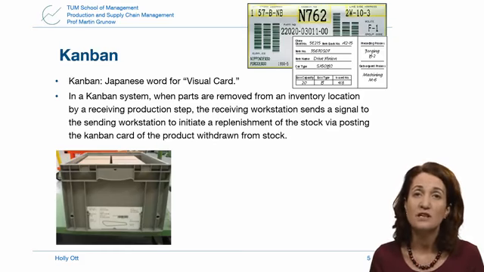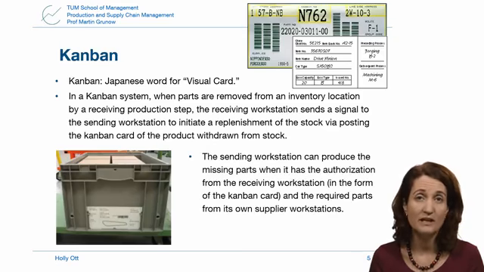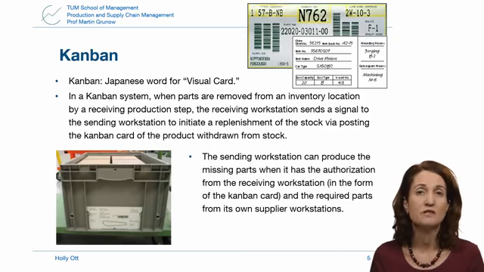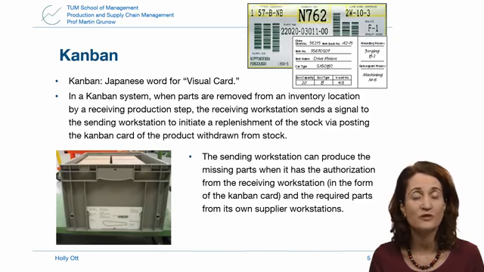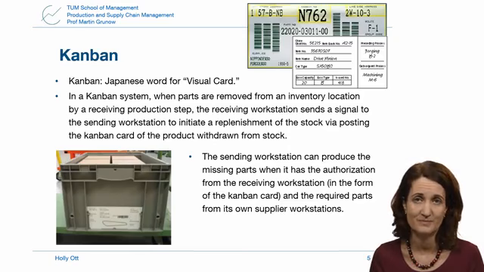And this is done via the posting of a Kanban card of the product withdrawn from stock. The sending workstation then is authorized to produce the missing parts when it has the authorization in the form of a Kanban card from the receiving workstation and the required parts from its own supplier workstations.